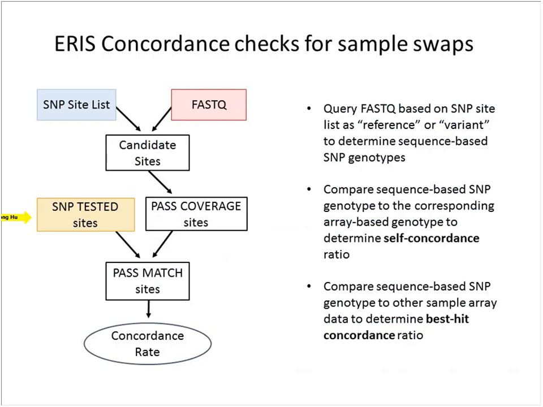In addition, this sequence-based SNP genotype data is also compared to our database, which contains all the sample array data, and that will determine the best hit concordance. In the output file of our ERIS report, we can see the self-concordance ratio. We are also able to see the best 6 samples with their concordance ratios as well.